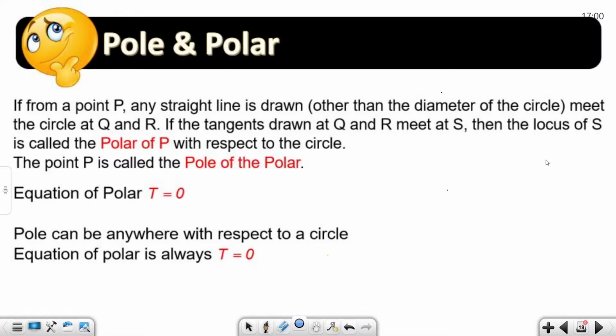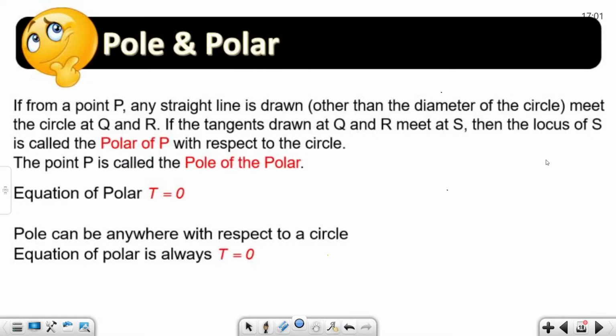But as pole and polar are all concerned with the chord, tangent and locus, it can come any time in the examination, because locus is very much included in the syllabus. So this question can come as a locus. So you must do this part of the conic section definitely.